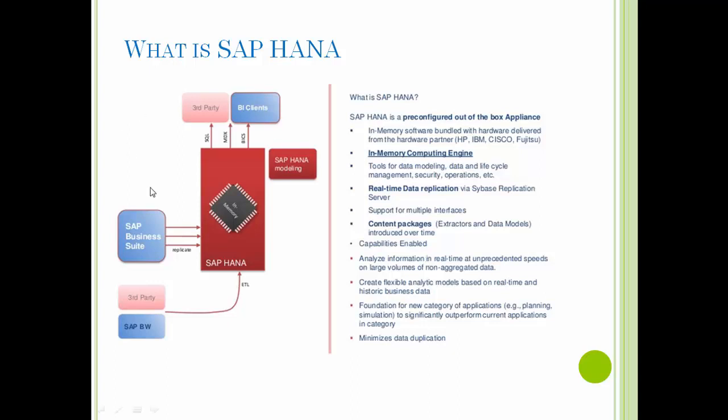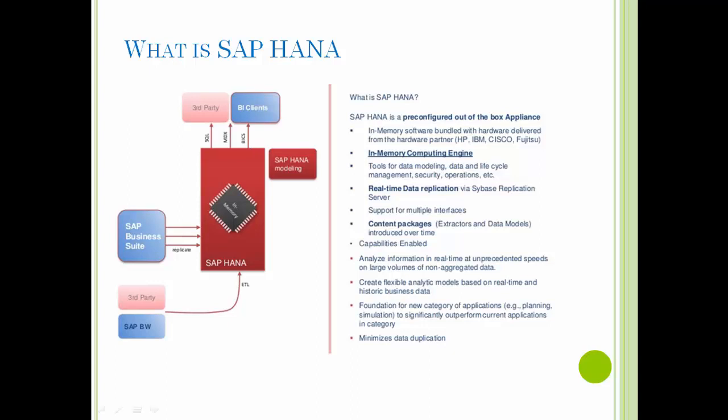The picture here shows the SAP HANA database. Above, we can see that there are third-party tools, client tools, accessing the HANA database using different possible interfaces like SQL, MDX, BICS. There are various other interfaces like HTTP and a few more possible.